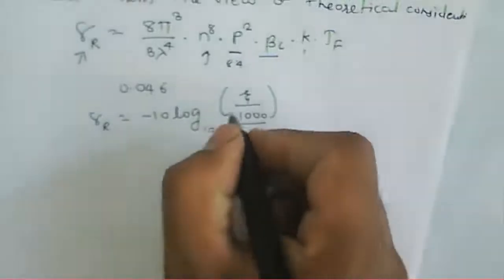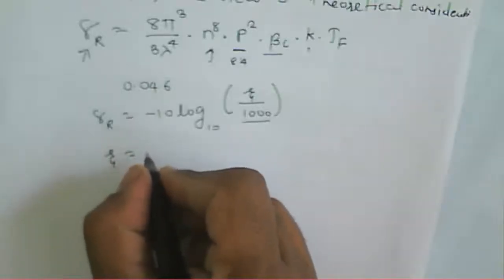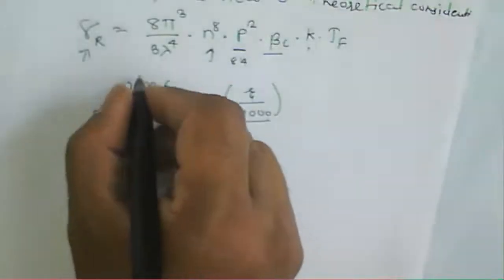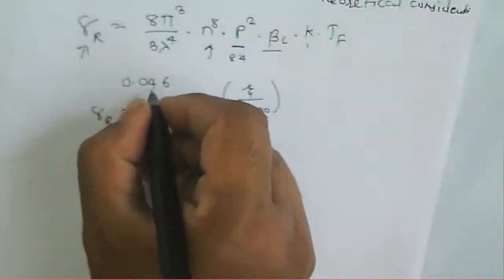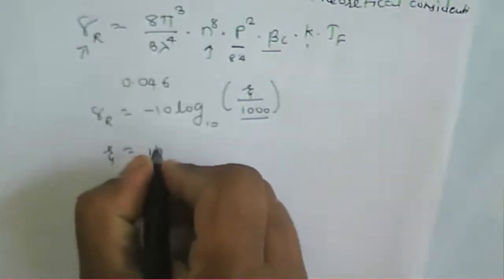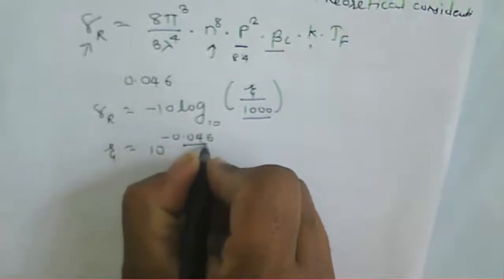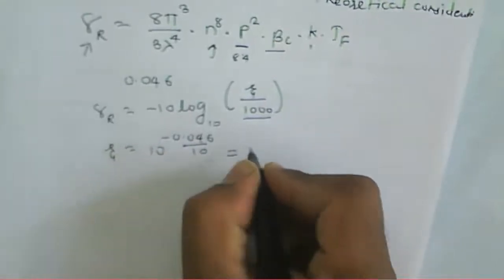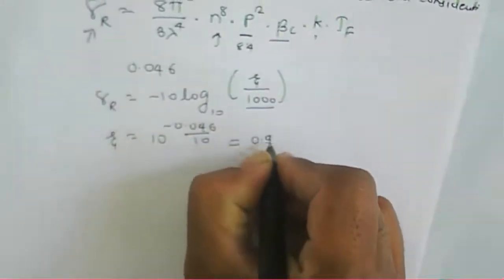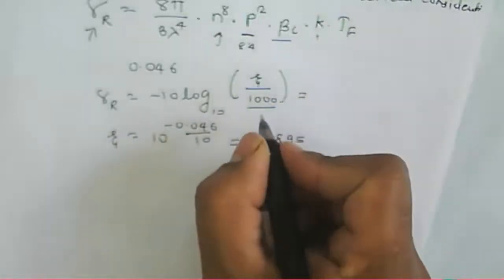Now this factor eta is to be obtained, which is 10 to the minus 0.046 divided by 10, using the transmission loss factor 0.046 given. So we will get eta, that will become 0.9895.